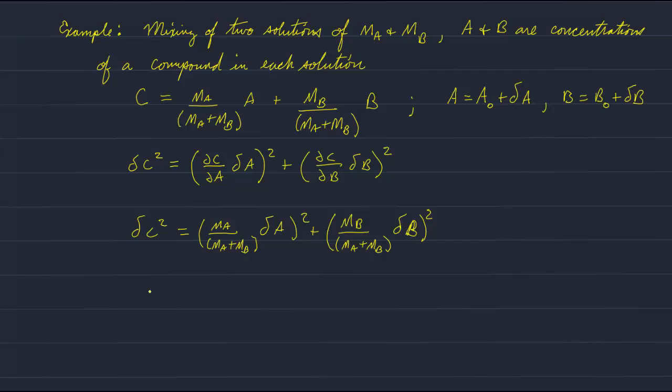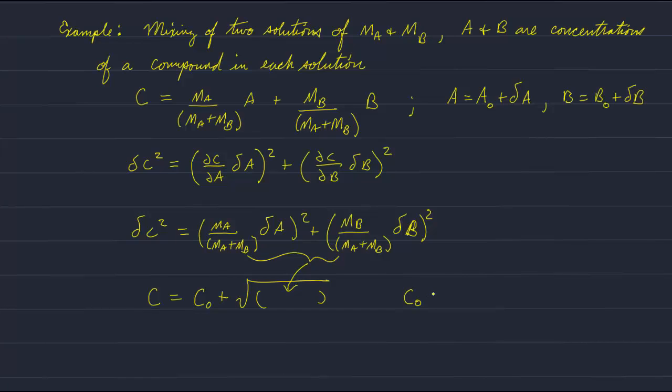And so therefore we would know how to compute C as being equal to C0 plus the square root of all of this.